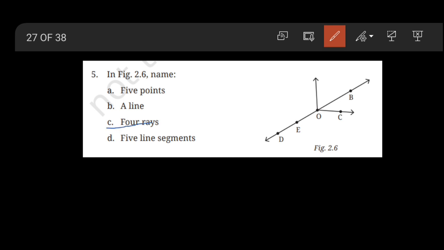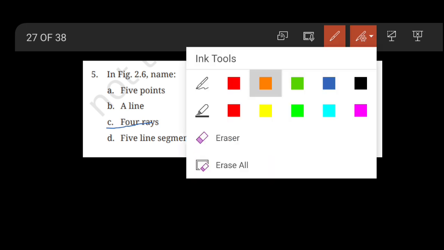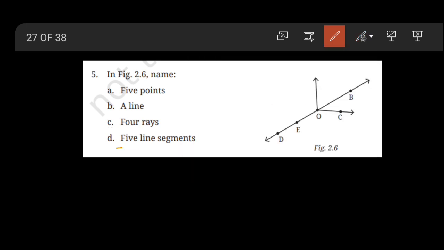Now 4 rays. Take O as the starting point. From O we have ray OB, then we have ray OC, then ray OE, and then ray OD. So these are the 4 rays. Now 5 line segments.